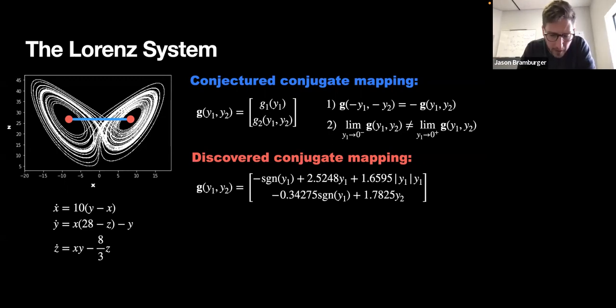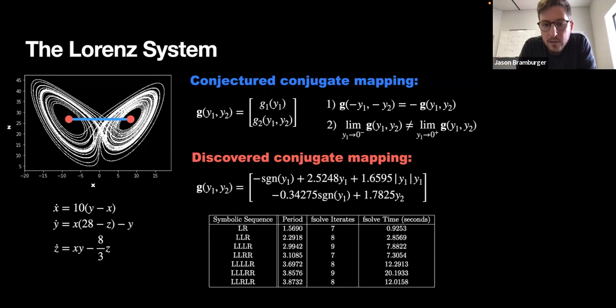Well, at the very beginning of the talk, I showed you a bunch of unstable periodic orbits from this Lorenz system. So the question is, how did I get them? I got them from this conjugate mapping. In fact, we have a way of classifying all of the unstable periodic orbits inside of this Lorenz system. It's just classifying how many times you wrap around the left or the right lobe.